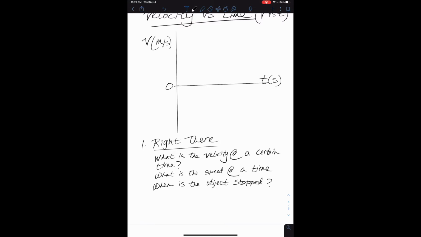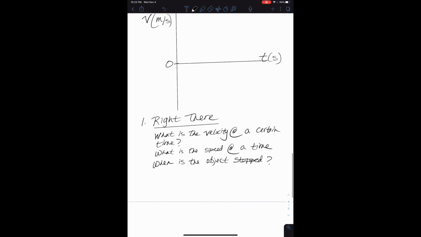But yeah, what is the velocity at a certain time? What is the speed at a certain time? When is the object stopped? Another question might be, when is the object moving in the forward direction? And when is the object moving backwards? Things like that. So let me write that down.